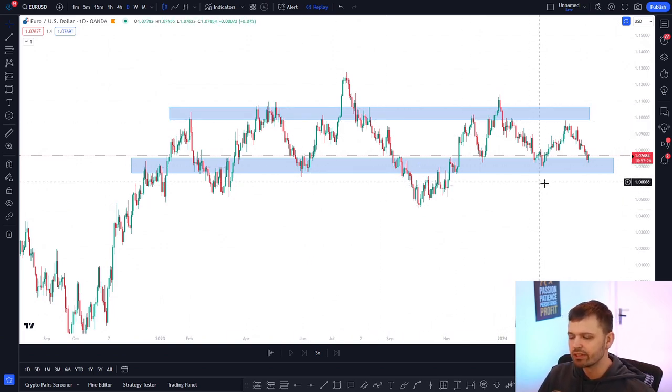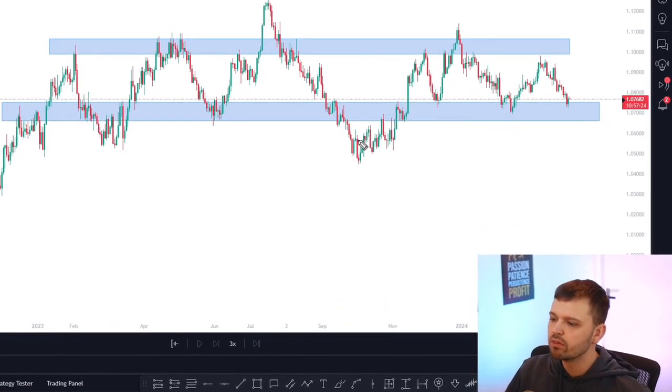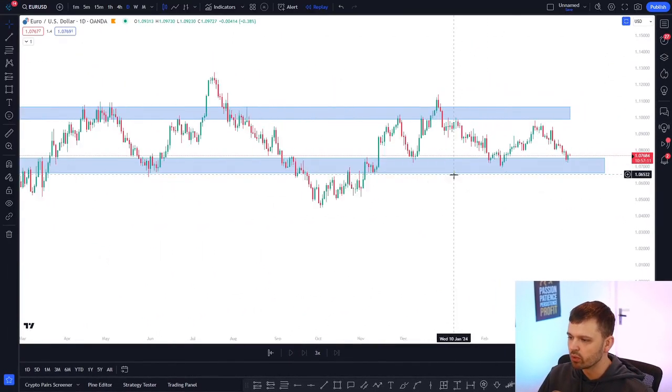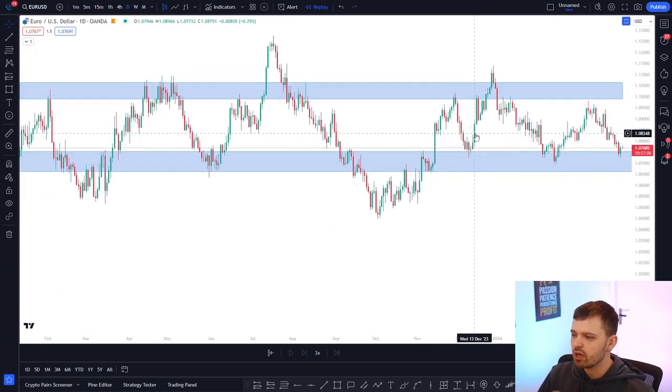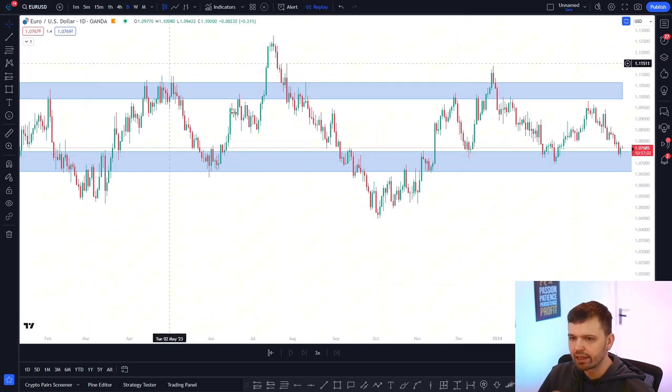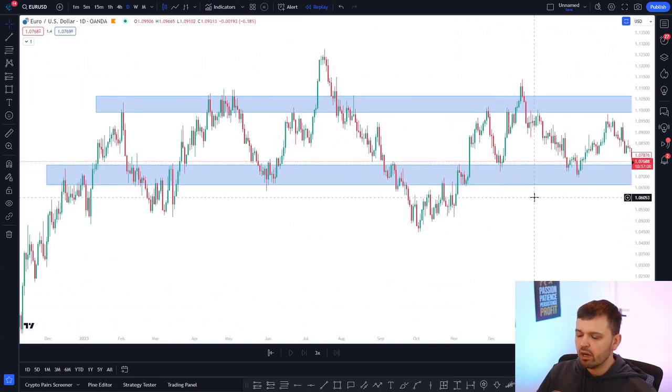So if this is a range on Euro USD, you could view this as a trend, and this is a very clear break and retest, where the retest does not only happen on the breakout level but also the previous range lows. And at the time of hitting these previous range lows, we might want to look at a bullish engulfing candle on the daily right here, or just a high time frame reaction to this level.